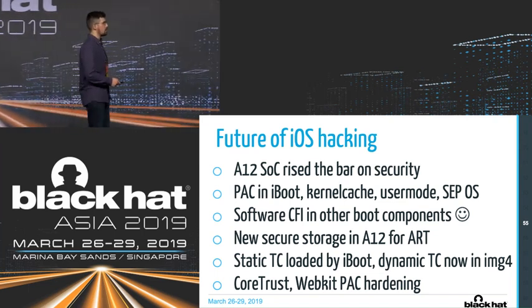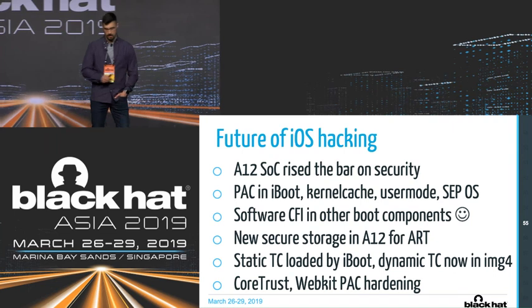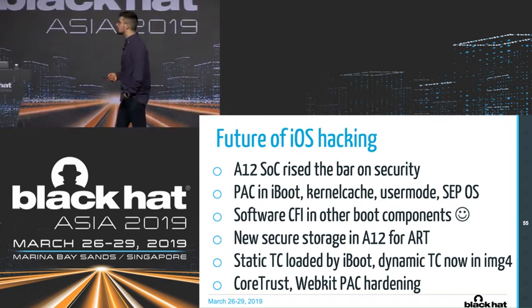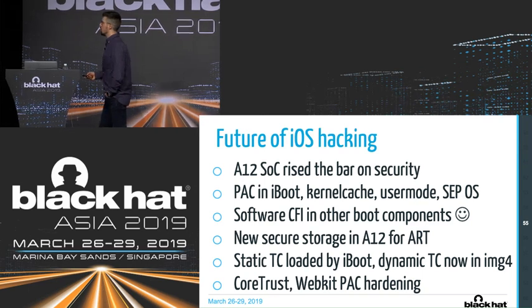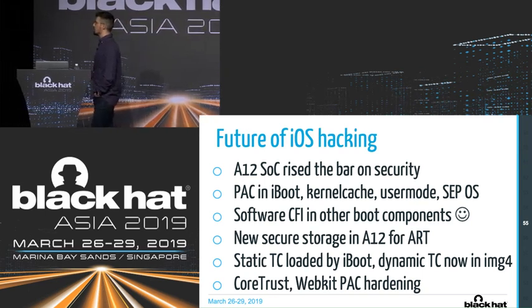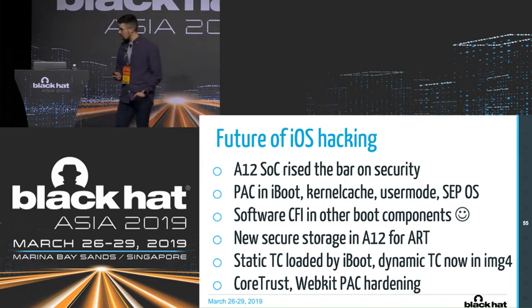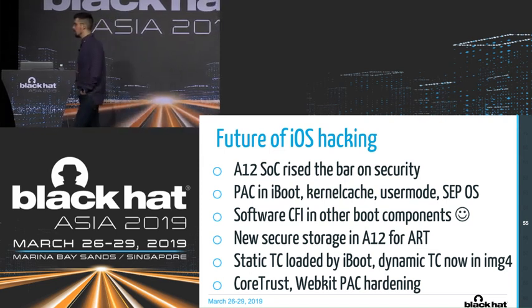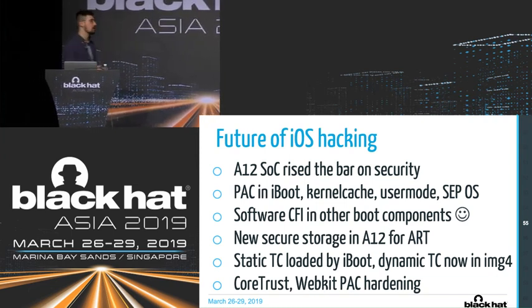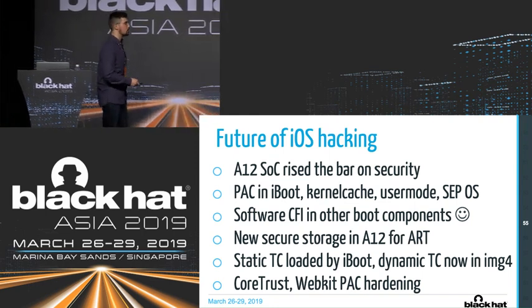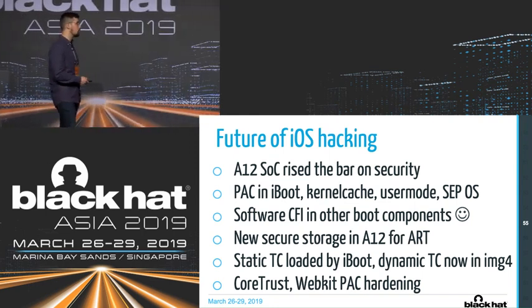Additionally, they add some software CFI in critical boot components, as well as add the new secure storage where the SEP anti-replay token is now stored. They also made some mitigation on static trust caches. Now the static trust cache gets loaded by iBoot itself. It's not a part of the kernel anymore.